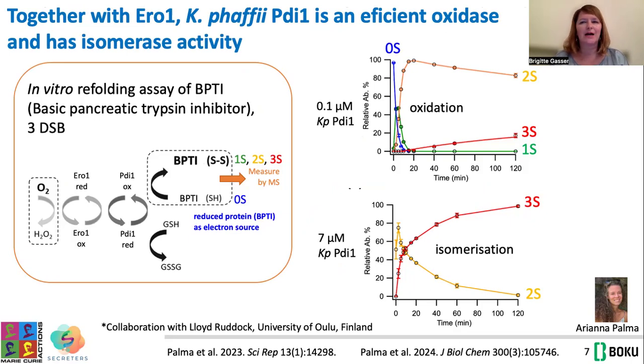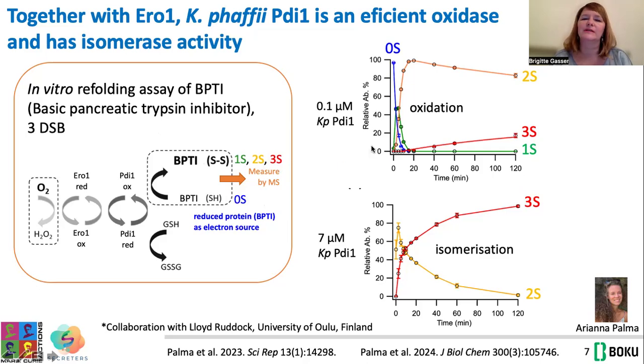With this, Ariana also wanted to kinetically analyze the activity of PDI and ERO, which she did by using an in vitro refolding assay of BPTI, basic pancreatic trypsin inhibitor, which is a common model protein for this case, as it has 3 disulfide bonds. And this is used as a reduced protein in this study. And then you measure by MS whether you have 0, 1, 2, or 3 disulfide bonds.